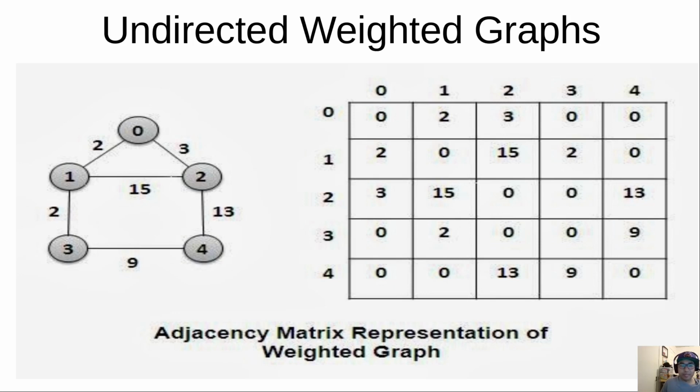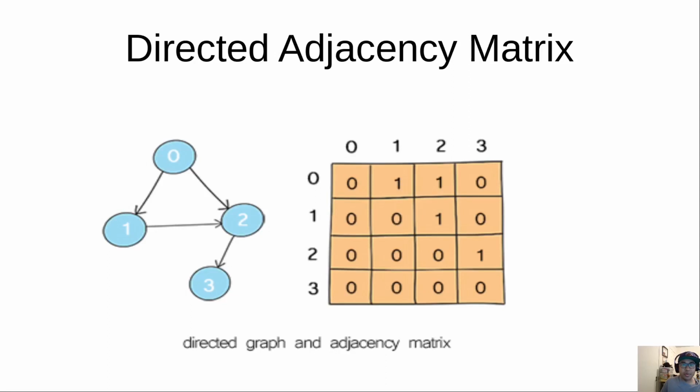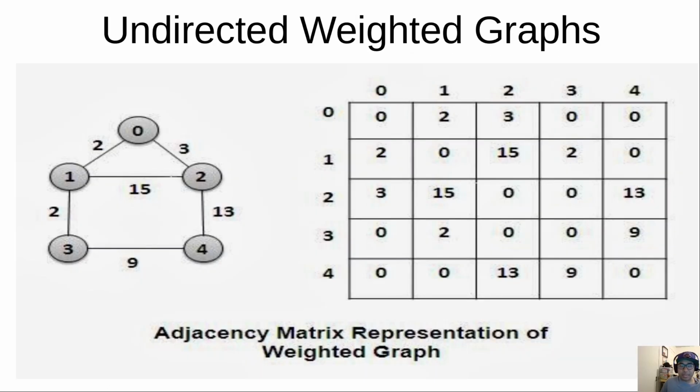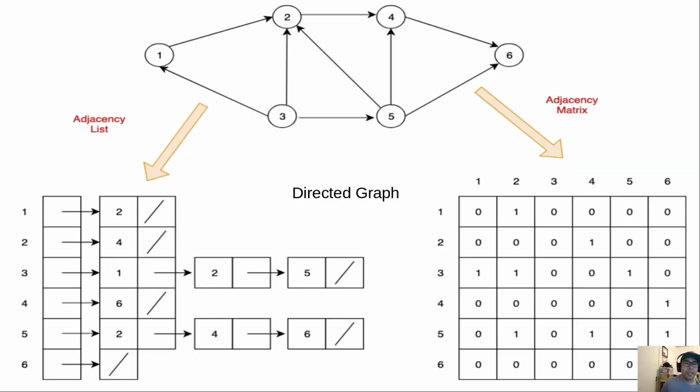Similar to unweighted graphs, 0 represents nothing, no edge. So this is an adjacency list and an adjacency matrix. You can see the adjacency list, right? This is how you would do it in a directed graph.